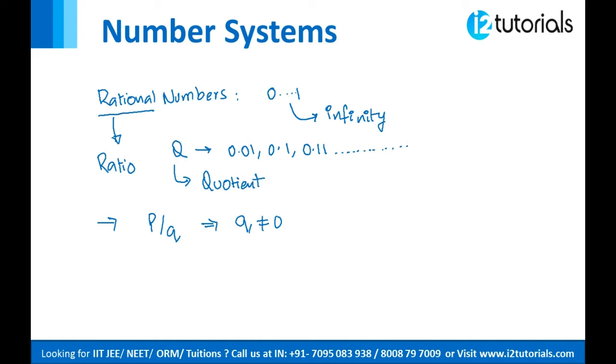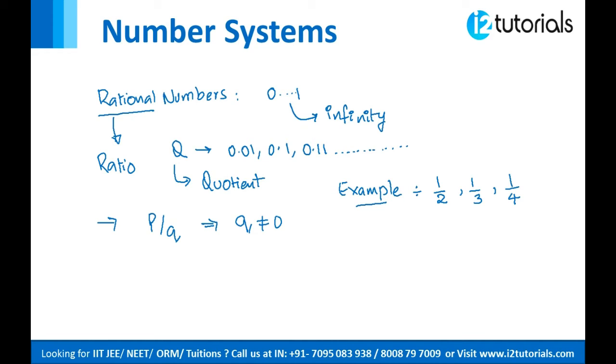One more thing we have to understand: 1/2 is one example of a rational number, and 1/3 is another example. Likewise, you can write down any number.